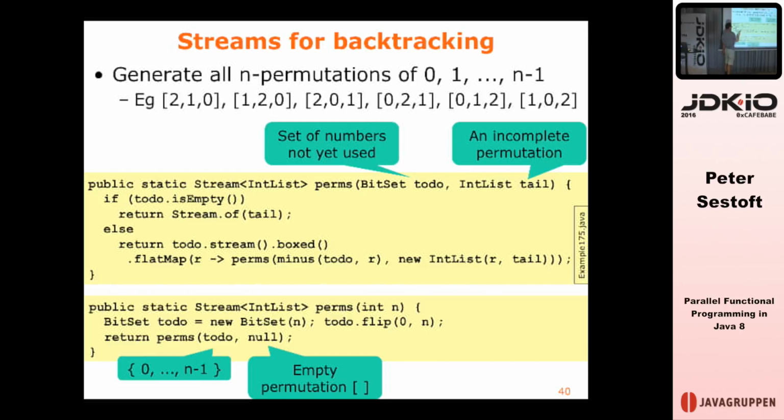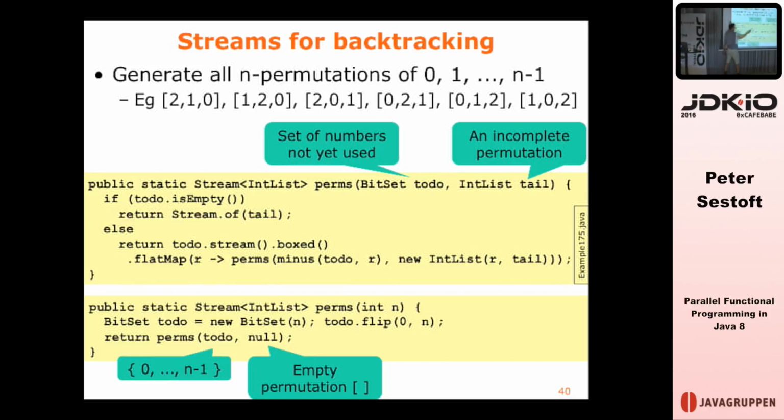Otherwise, there's some element in the set here, and then we can create a stream. So that's a bit set. We can create a stream of all the elements from this one and box that, so we get from an int stream to a stream of integer. And then we can apply flat map to that.